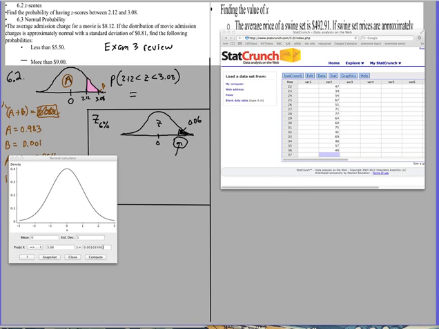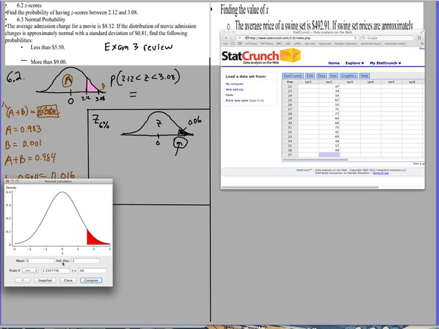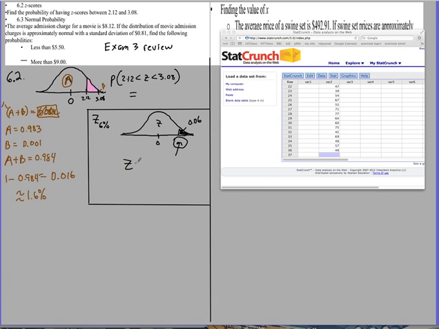Now if you note, these are the percents over here on the right. So I need to make this percent 0.06. I want it to be greater than. So this region should look like this region. So the critical value with 6% over here would be 1.55. So the answer would be 1.55.